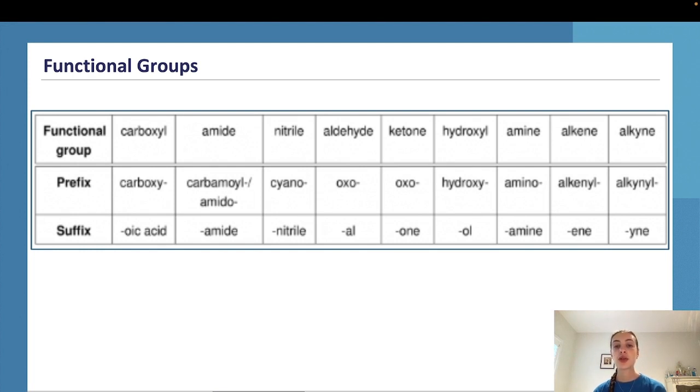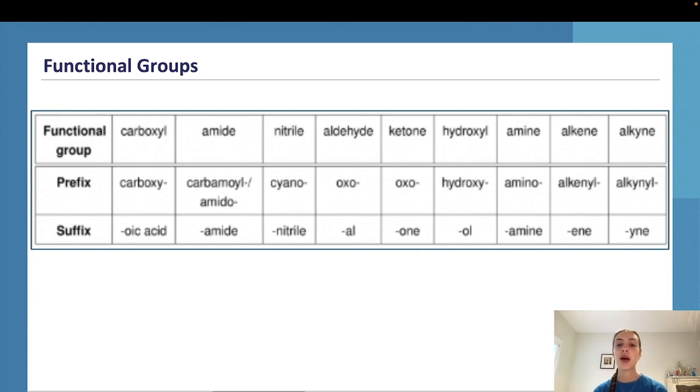For the hydroxyl functional groups, so for alcohol molecules, we're typically using the suffix of -ol. However, there's lots of complex alcohol molecules, and so the prefix of hydroxy is actually used quite commonly when the hydroxyl group is a lower priority functional group, and that's just because there's lots of very, very complex molecules that have alcohol groups or hydroxyl groups in them, and so the hydroxy prefix gets used quite frequently, but typically you would want to prefer using the suffix of -ol just because that's your normal naming convention for an alcohol.